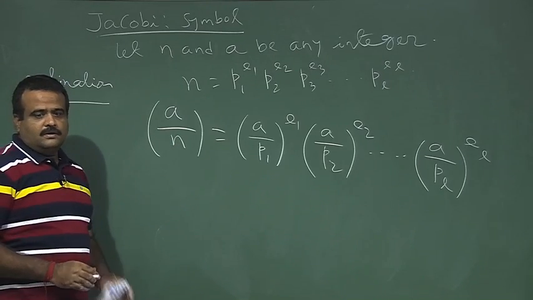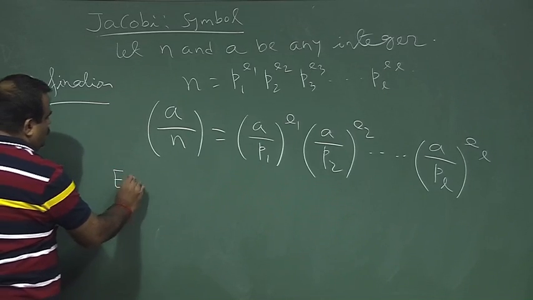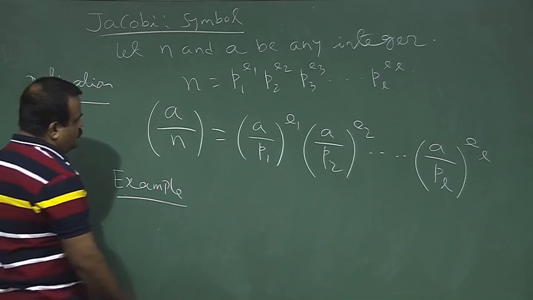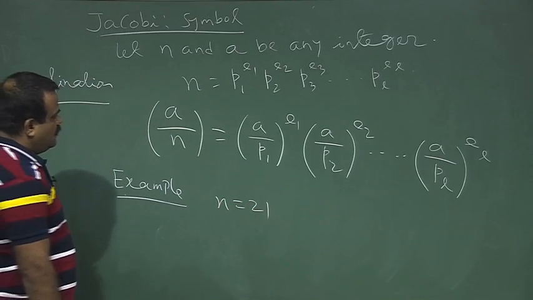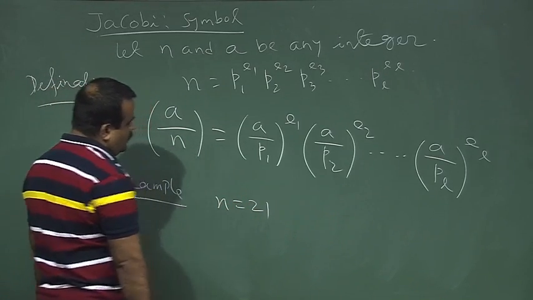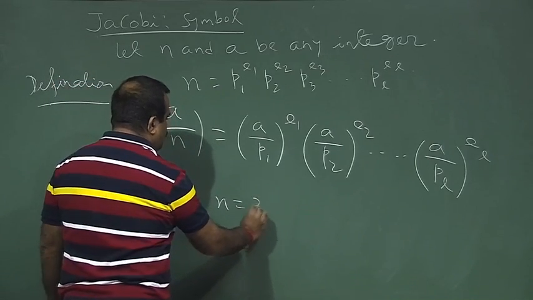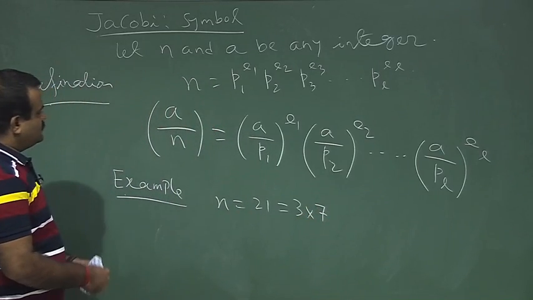For example, suppose we take n equal to 21, a simpler one. So 3 times 7, and 3 and 7 are prime.